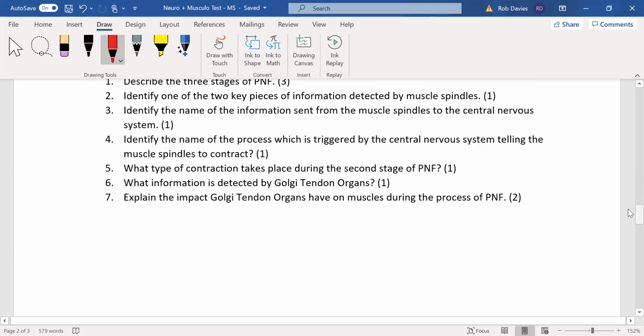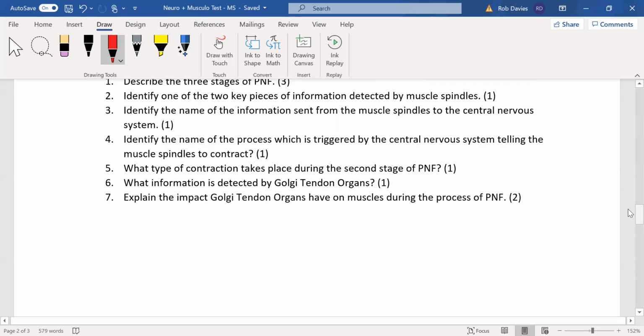So having had that initial stretch, the stretch reflex occurs where the muscle spindles are saying, okay, we don't like this, we need to do something about it. There's then this isometric contraction that takes place. It's tension in the muscles, even though it's an isometric contraction. The Golgi tendon organs detect this tension, and they send this inhibitory signal to the brain, which overrides the signals from the muscle spindles.